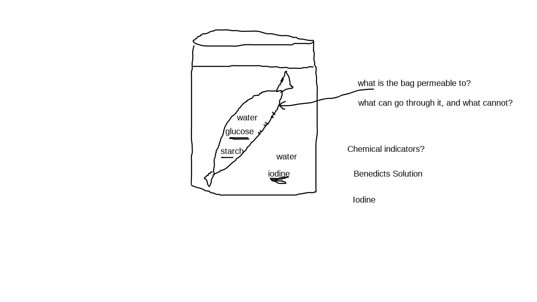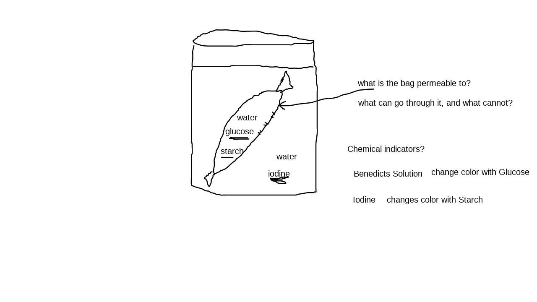They change color when they are in contact with something specific. Benedict's solution changes color in the presence of glucose. And iodine changes color with starch. Exactly, that's right. Good job, Ramy.